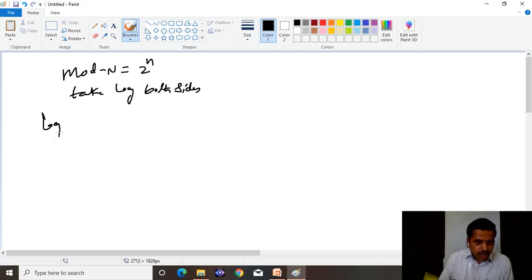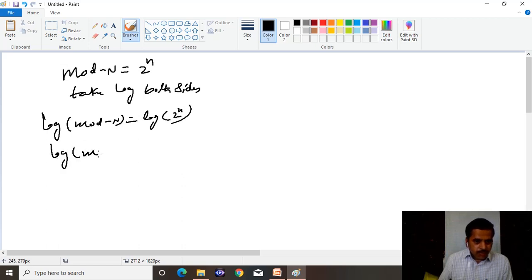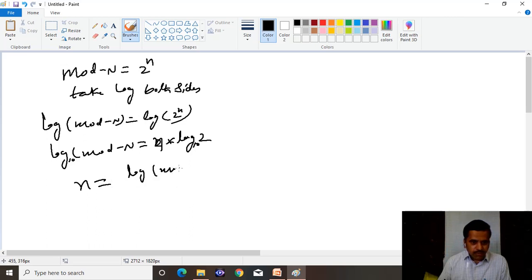So log of mod n is equal to log of 2 power n, which is n into log of 2, base 10. So we can write n is equal to log of mod n divided by log 2, base 10.